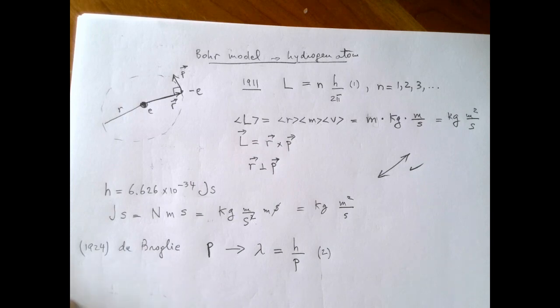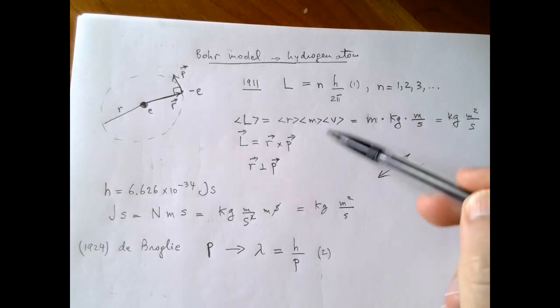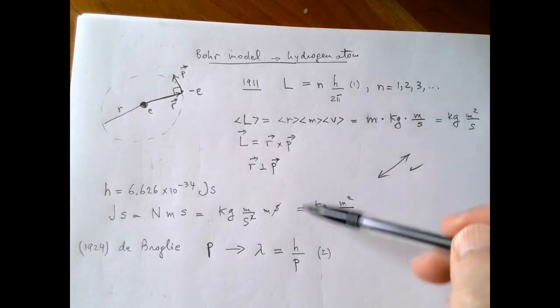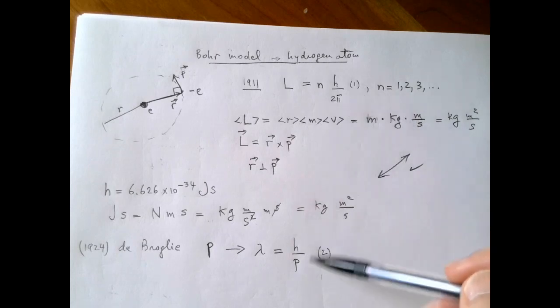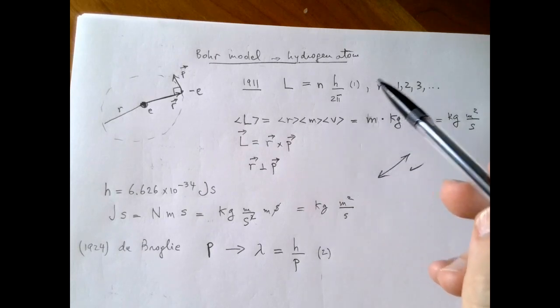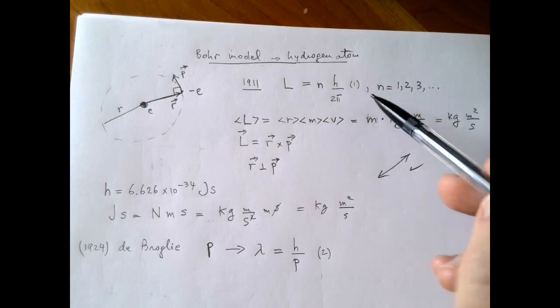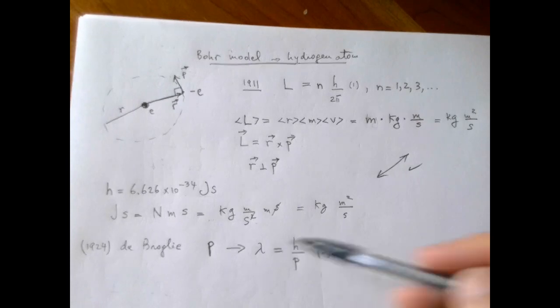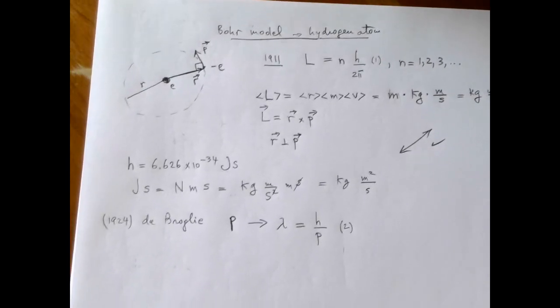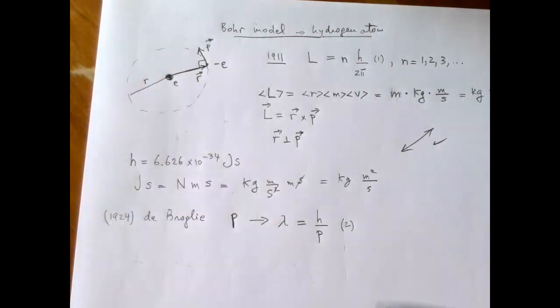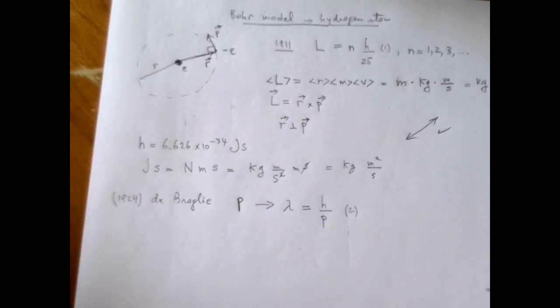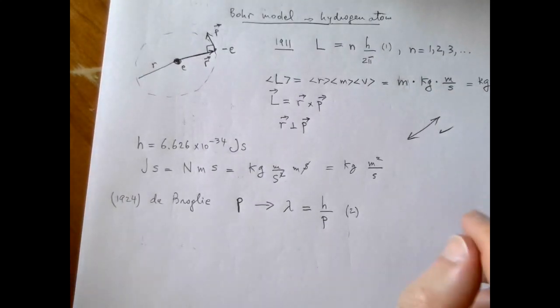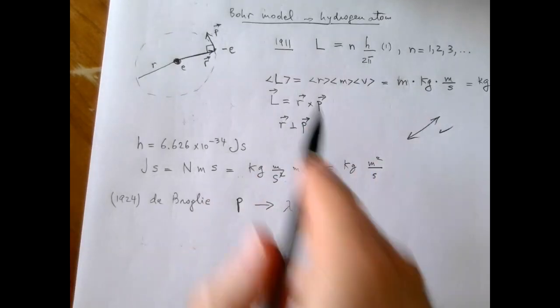But now, with a historical perspective, we can look at the entire picture, and we can very interestingly see that these two formulas, Bohr's postulate that angular momentum is quantized, and respectively that there is a wave associated with any particle of wavelength lambda equal to h over p, where p is the momentum of that particle, are actually equivalent. And let's see if that is indeed the case.